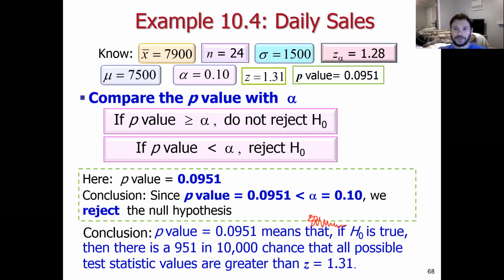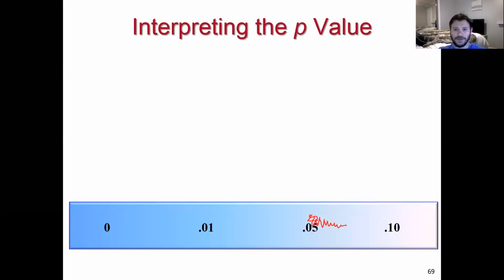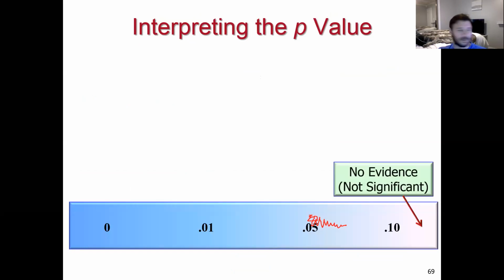Now, in terms of interpreting the p-value, if that p-value is bigger than 10%, right? Our standard levels of significance, I've shown here in this diagram, and let me go ahead and clear that drawing. But our standard levels of significance here are 10%, 5%, and 1% that practitioners typically use.